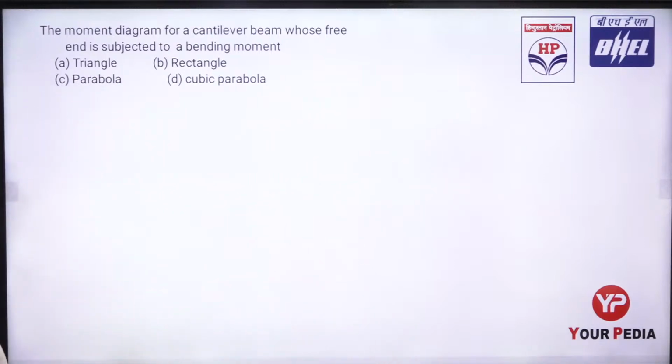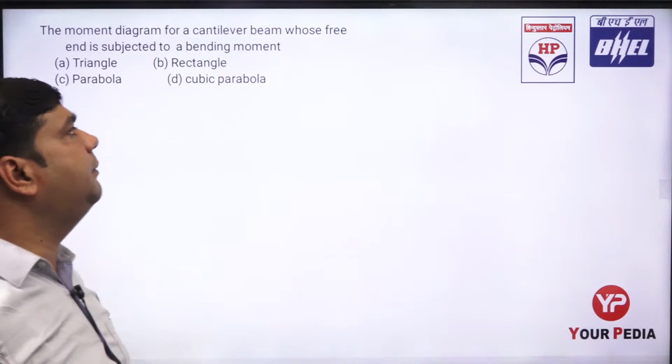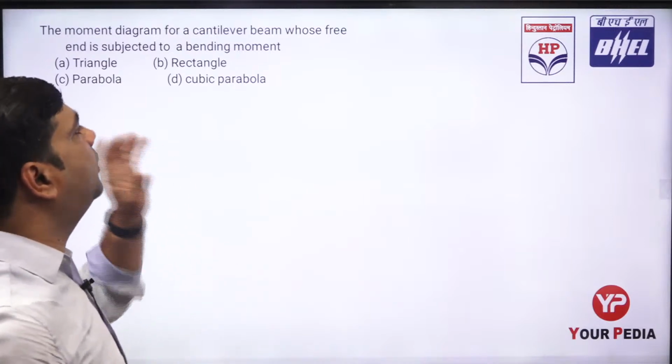Just solve this one. The moment diagram for a cantilever beam whose free end is subjected to a bending moment.